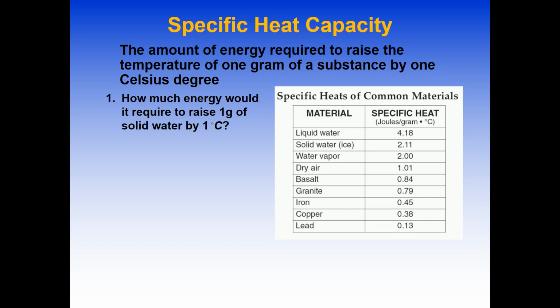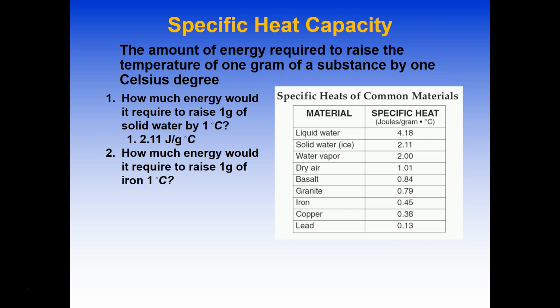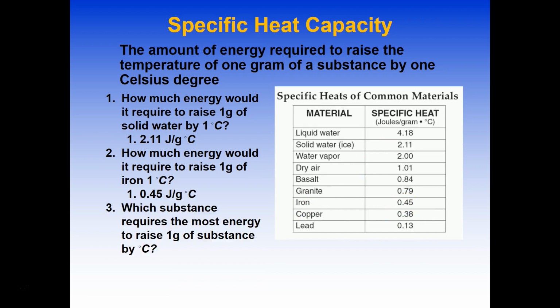So if we look at how much energy it would require to raise 1 gram of solid water by 1 degree Celsius, according to the table over here, it tells us 2.11 joules per gram degree Celsius, found right over here. How much energy would it require to raise 1 gram of iron 1 degree Celsius? We look over here, and we see that iron is at 0.45 joules per gram degree Celsius.